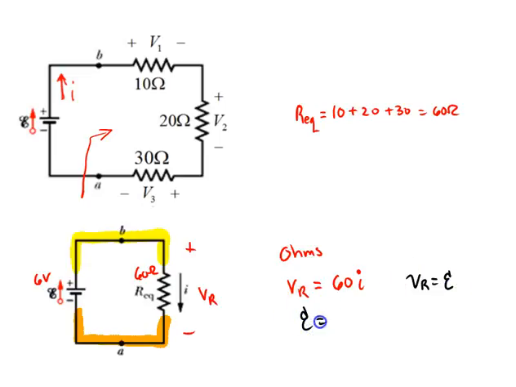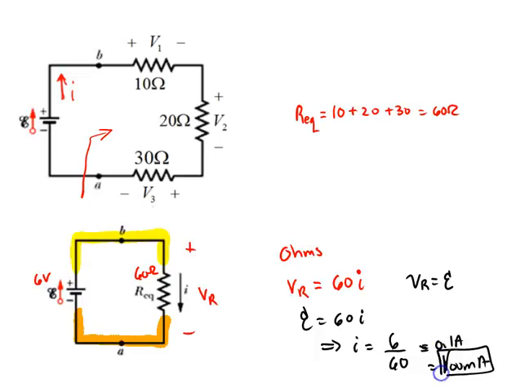So E is equal to 60I, which implies then that I is equal to E, which is 6 volts, so 6 divided by 60. That should be just 60, I wrote 600. 60, so that's our 0.1 amp, or 100 milliamps.